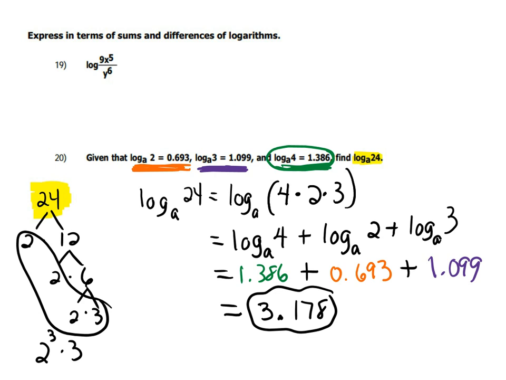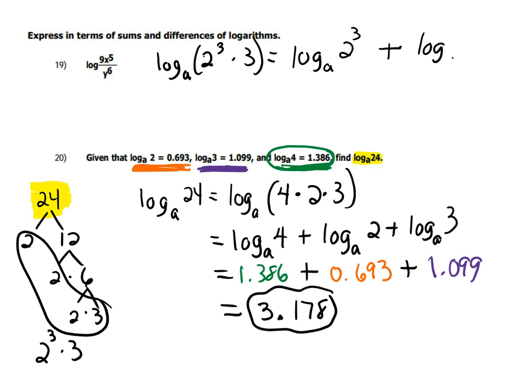I would see it as log base a of 2 cubed times 3. So that would be log base a of the 2 cubed plus log base a of the 3. And then you've got this exponent, so the exponent goes out in front, making this 3 times log base a of 2 plus log base a of 3.